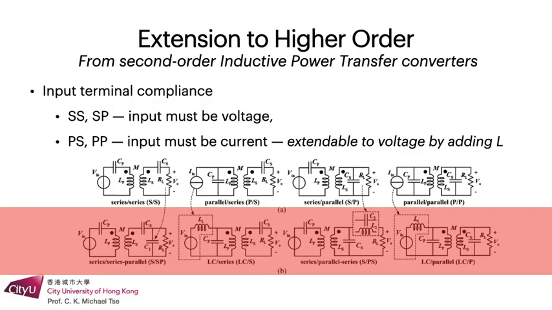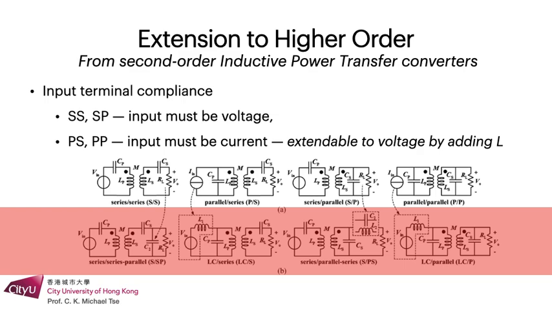Now, let us look at how these circuits could be extended to higher order. First of all, on the input terminal side, we have to comply with a particular type of input termination. For example, for SS and SP, the input must be voltage. For PS and PP, the input must be current.